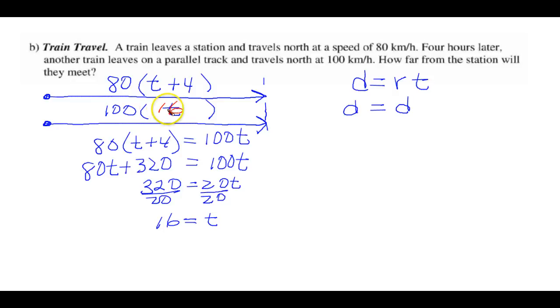Time is 16, and we get distance then equals 1600. Ah, that's the answer. Again, this was sort of a two-stepper. We had to find what the time was here and then apply it in the distance formula.